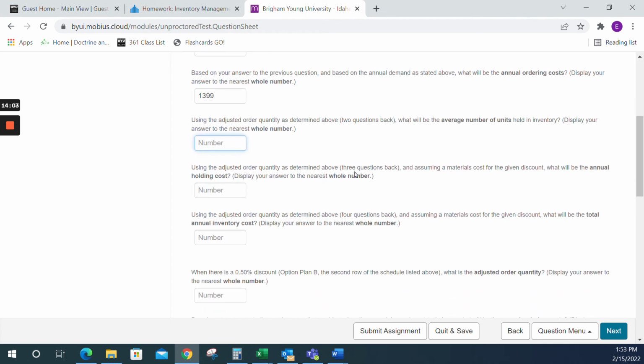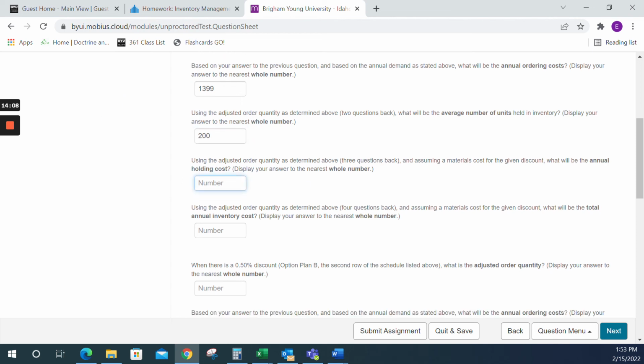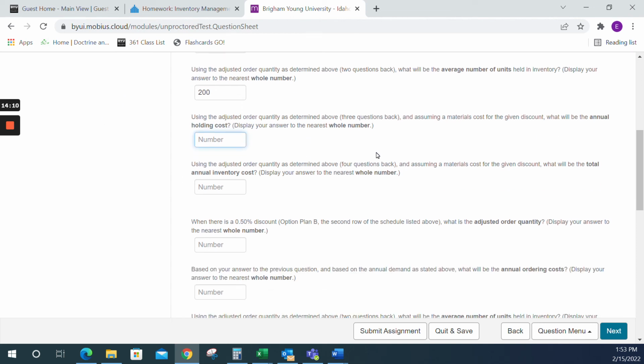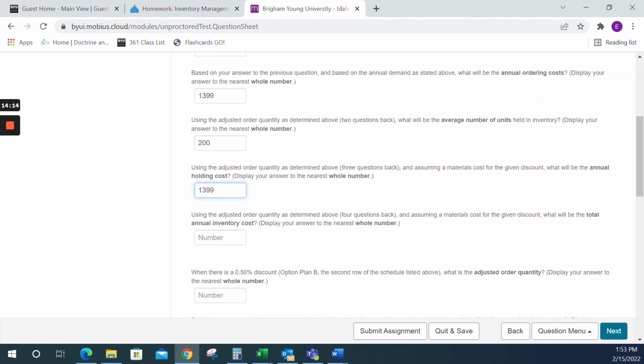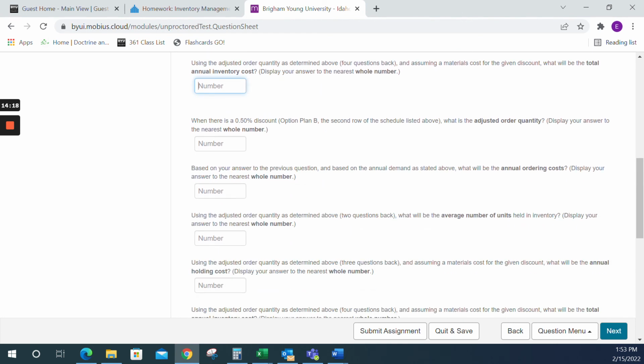What would be my average number of units held? Easy enough, we've got that information. What would be my annual holding cost? Well, we calculated that, and we know it's the same up here because I haven't changed or manually adjusted that EOQ yet. Total inventory cost, 540 to 98. Actually, I'm going to make sure I round that. It's actually going to be 297 the way that one rounds.